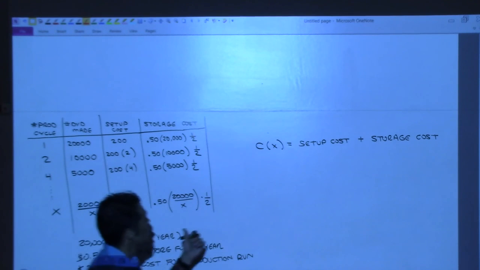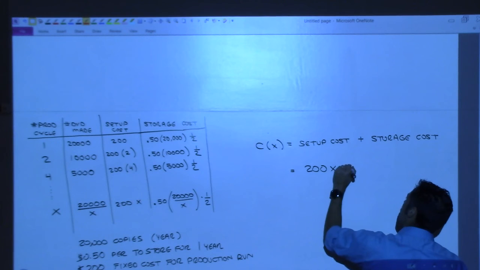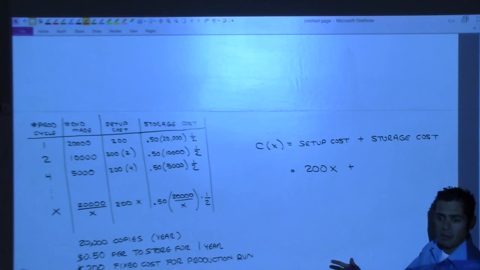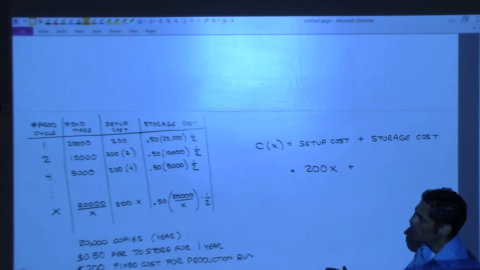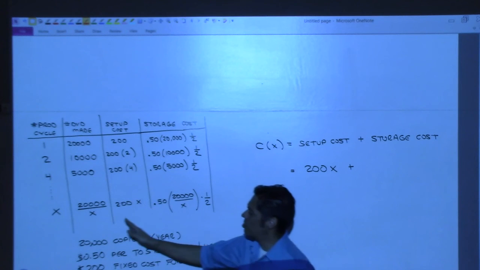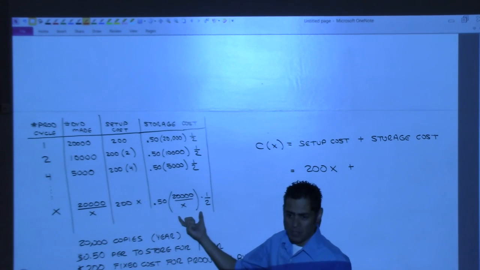So what is setup cost? 200X. And what is storage cost? Wouldn't it just be 20,000 over X? For storage cost? No, that's just the number of DVDs we made. This is how much we're going to pay to store, right?